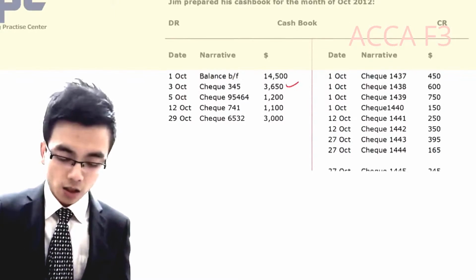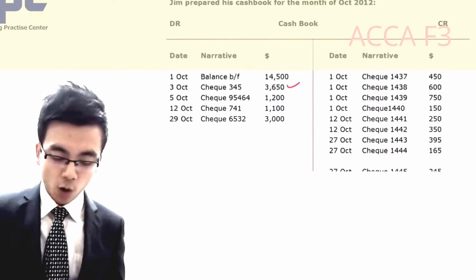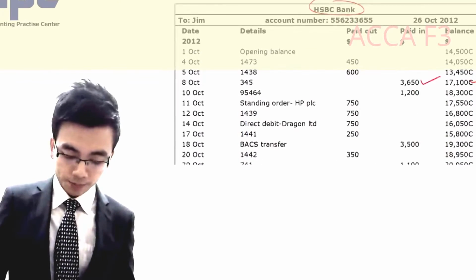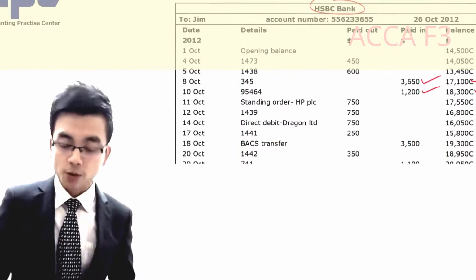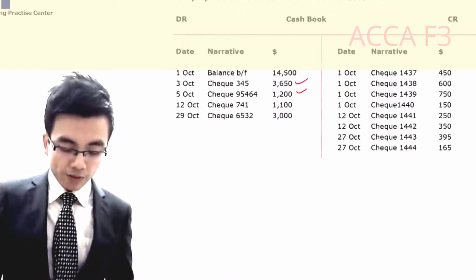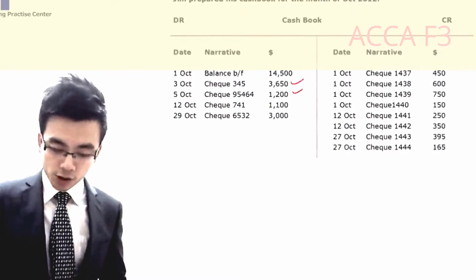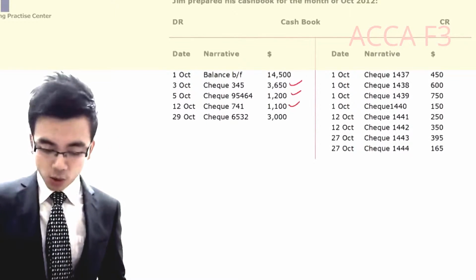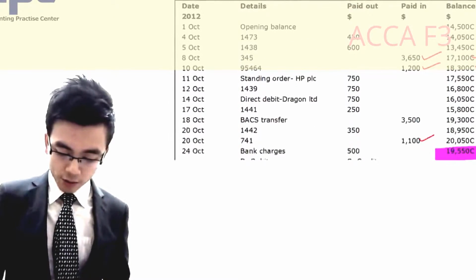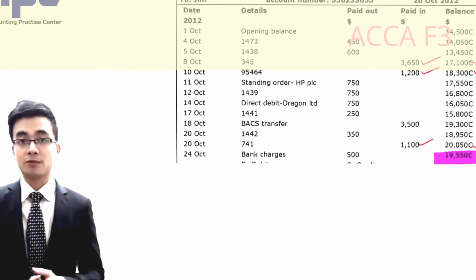Secondly, the check 95464 worth 1,200 is here as well, so no need to adjust for that. And then we've got check 741 worth 1,100, and 741 is here as well, no problem whatsoever.